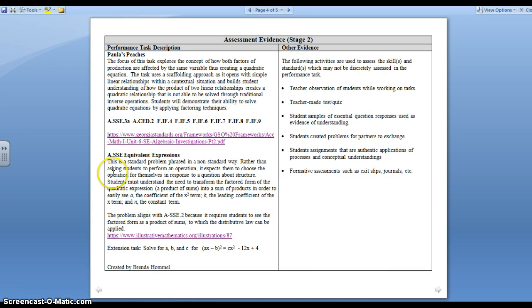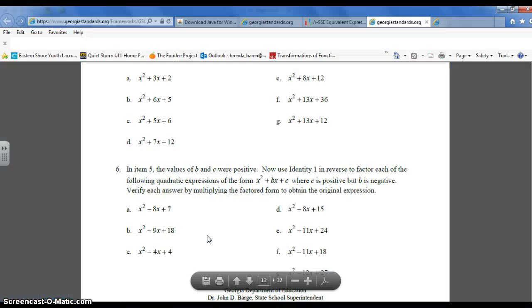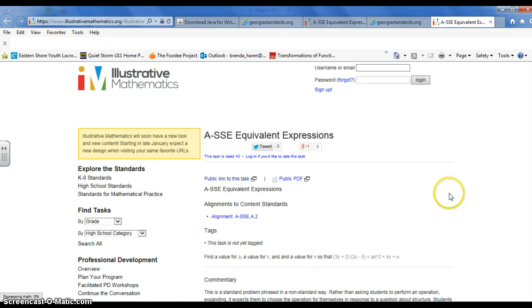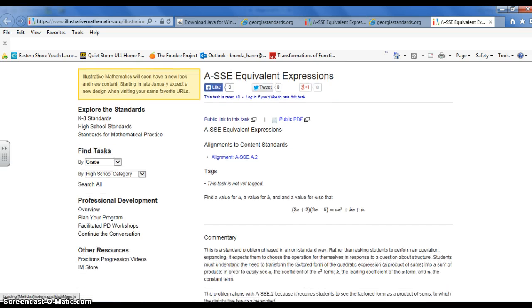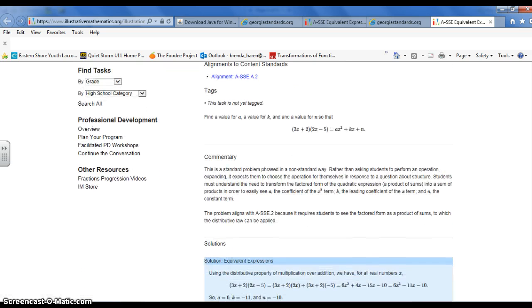The other task that I provided for you is much shorter and much less contextual in nature. It's a very non-standard way to assess whether students understand how to expand a factored form of a quadratic into standard form. If we look at this one, as I said, it's much shorter, a little bit more abstract, not really contextual at all.